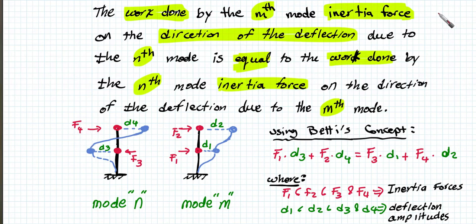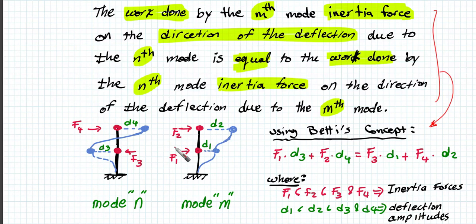What I have mentioned in Betti's theorem or Betti's law is interpreted by this simple equation. Take care that I put the forces in red. Whenever I want to say there is work done, for mode M, for example, it is F1 times D1 plus F2 times D2.